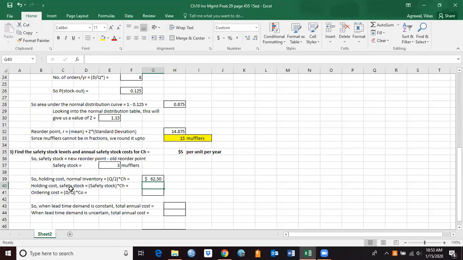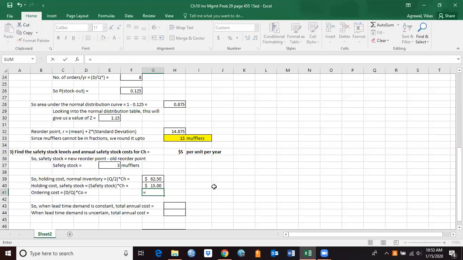Now, the holding cost or the carrying cost, they are the same. For the safety stock it is going to be whatever safety stock you're carrying times the carrying cost. So I'm carrying 3 mufflers times the carrying cost, which is $5 per muffler per year. That's going to give me that additional $15 here. The ordering cost is again a constant, it doesn't depend on the safety stock.